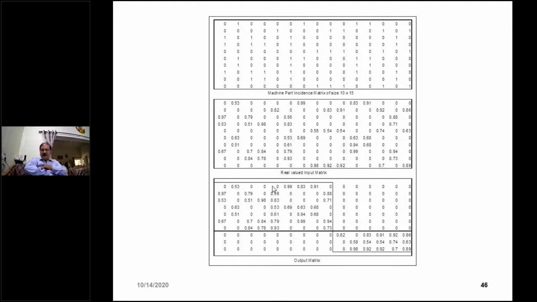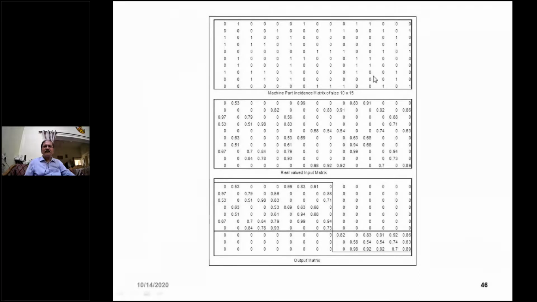So, in doing so, we have one example given, a machine part incidence matrix of size 10 into 5. This is an example problem, an existing problem or benchmark problem.